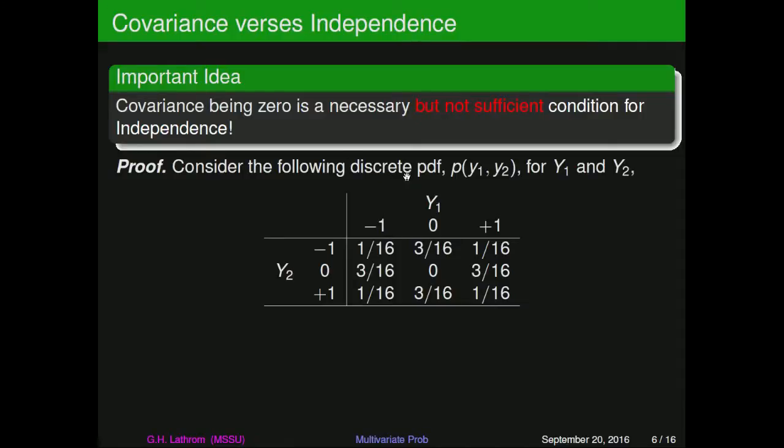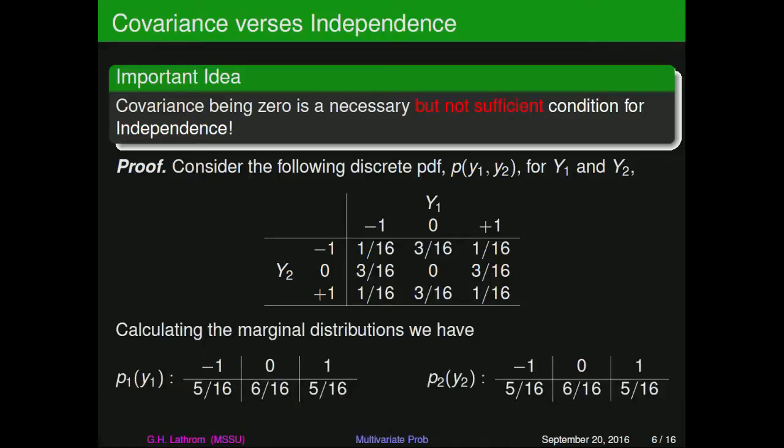So let's say that we've got discrete random variables y sub 1 and y sub 2. We have y sub 1 written across the top taking values of -1, 0, and 1. Y sub 2 taking values of -1, 0, and 1. And we've got this very symmetric probability distribution that we have written in this table form.